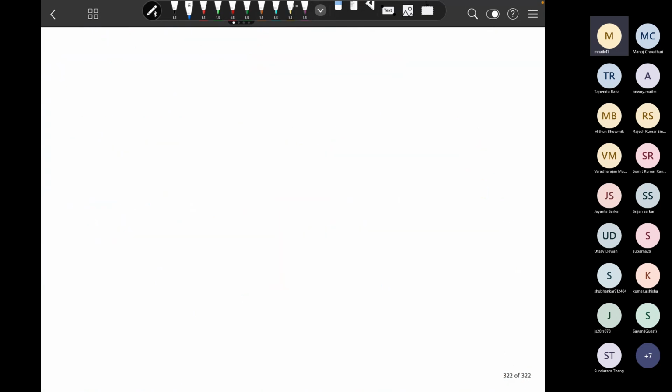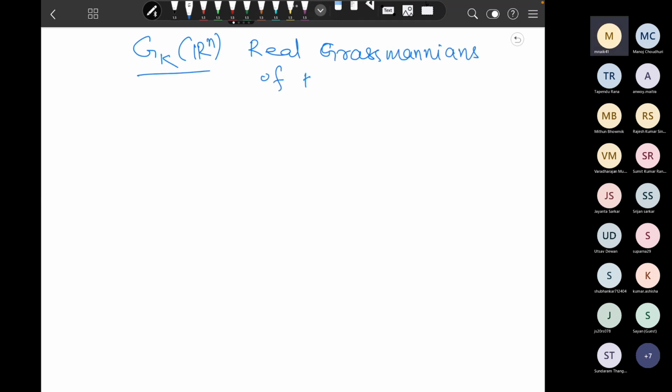And we will show in the next class that that space is a symmetric space. So this is called G(k, R^n), the real Grassmannian of k-planes in R^n. Here I take 1 less than k less than n.